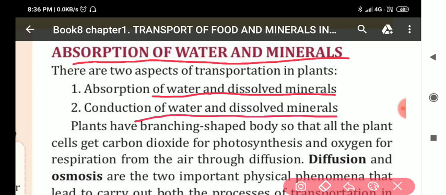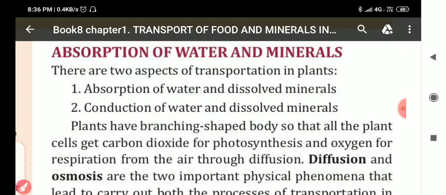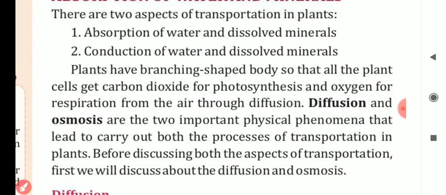First of all, the plants absorb the water and the dissolved minerals, and only then does the conduction of water and dissolved minerals take place. Clear, all of you?